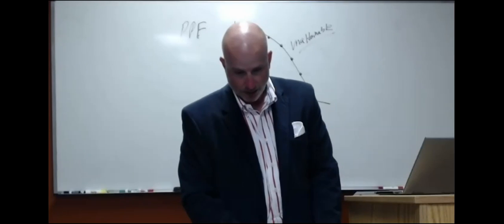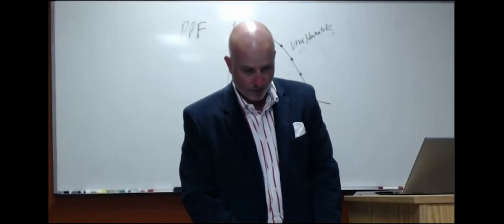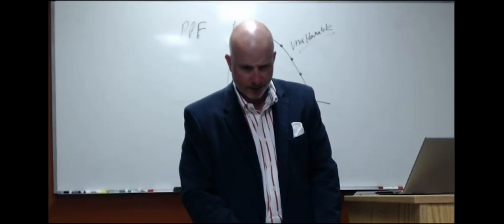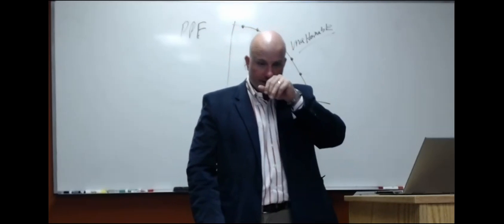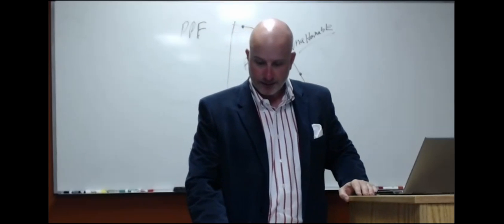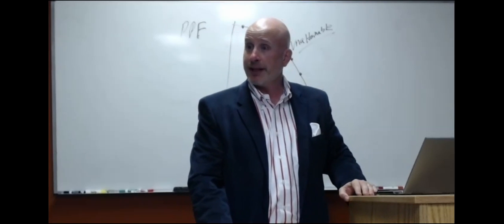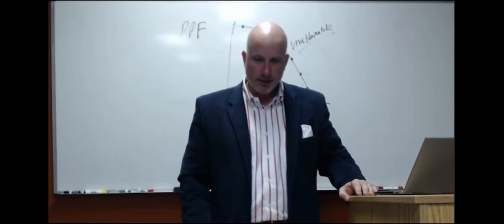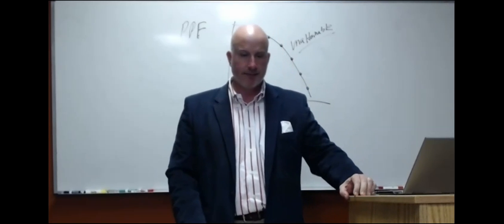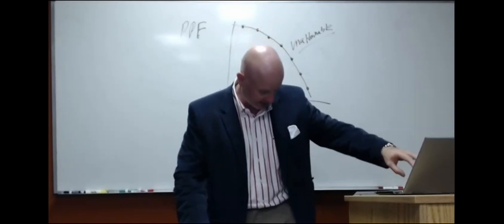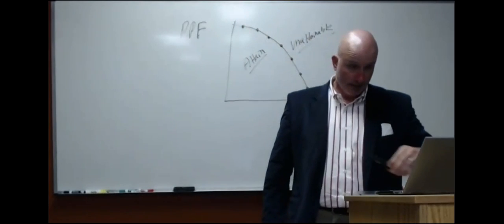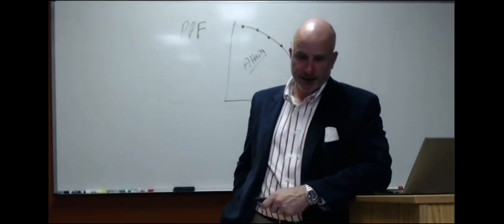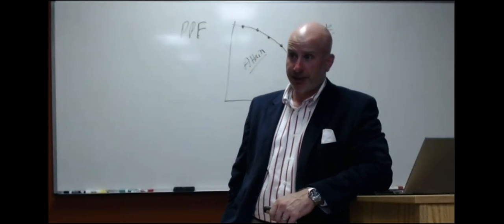Okay, figure 2.5. Here's going to illustrate the trade-off that we face involving the choices that we make. So again, we can produce pizzas, or now we're going to focus on pizzas and pizza ovens. So we can produce pizzas or pizza ovens along the PPF.